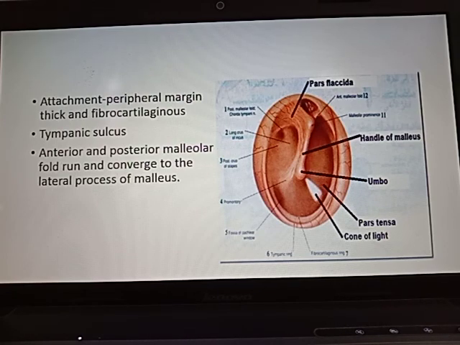In this upper part the sulcus is deficient, and in this region the head of the malleus is situated.